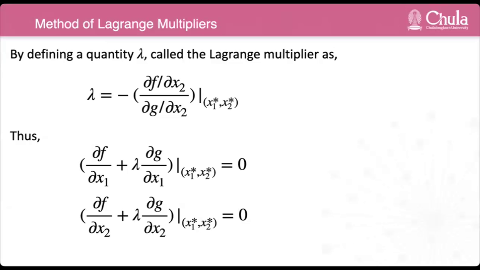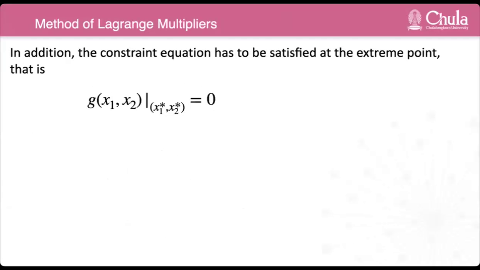Of course, x1 can be xi; x1 and x2 are the same thing. So we have one more equation: derivative of f by x2 plus lambda times derivative of g by x2 becomes 0. And the last one, no more derivative: the equality constraint must hold.